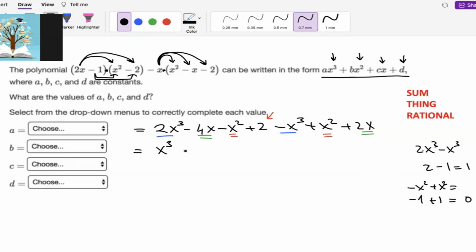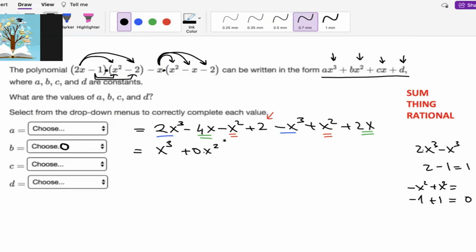It is better to write 0x squared, not to skip it, just like the value of b, because we need to choose the correct answers in this drop down menu. So I can write 0x squared, or if you don't write anything here, you just need to choose 0 for the value of b.